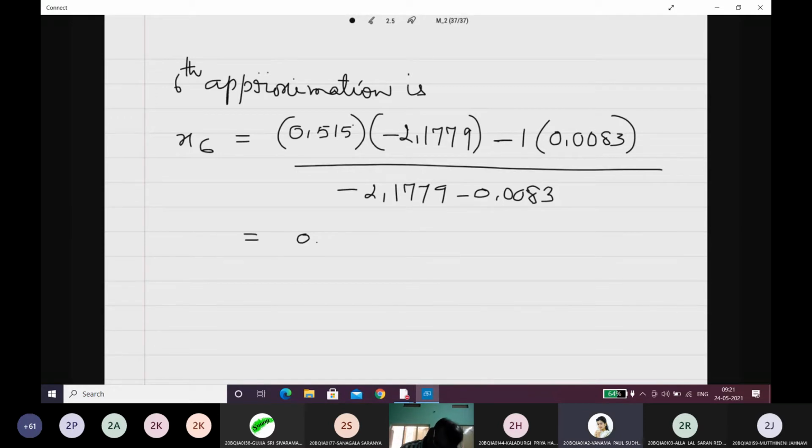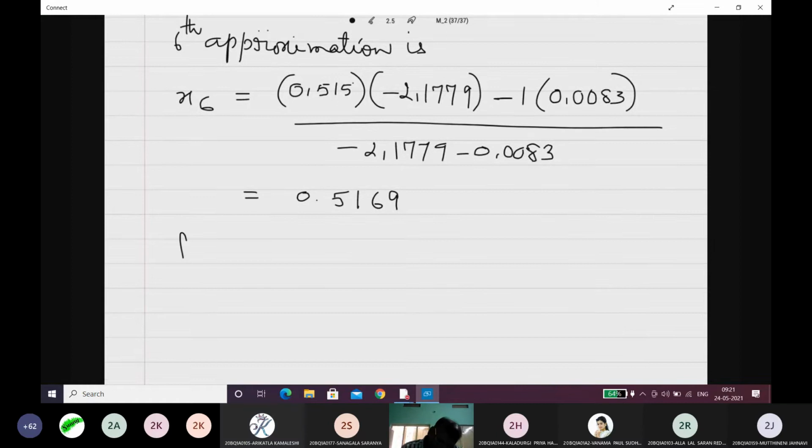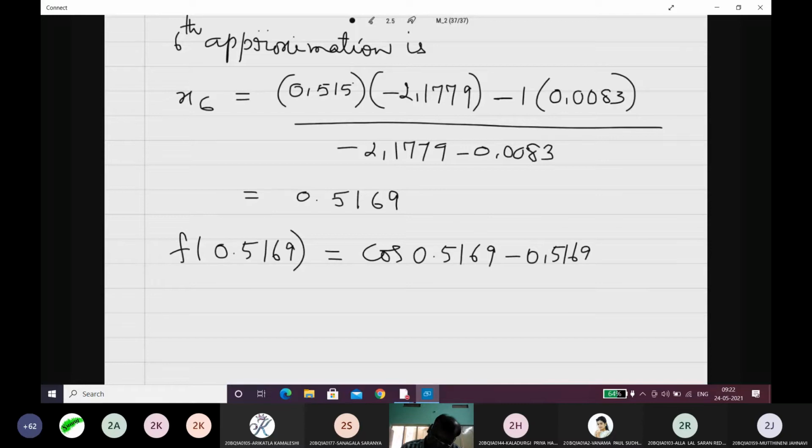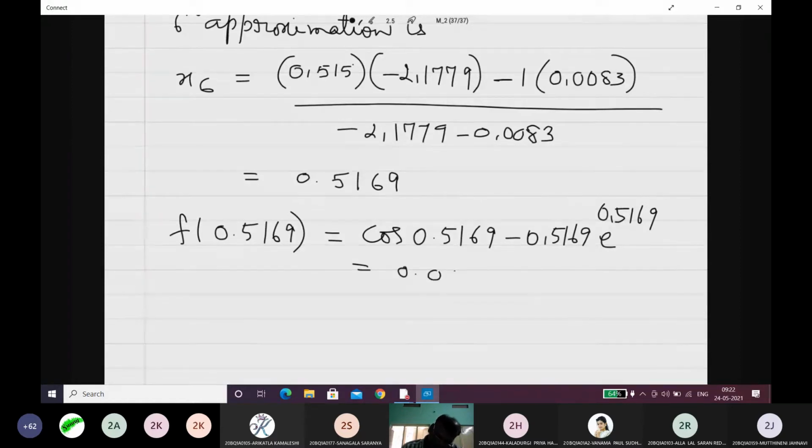0.5169, sir. Right. Now immediately f of 0.5169 is equal to cos of 0.5169 minus 0.5169 e power 0.5169. Now give me this value. This is also 0.00 like this.